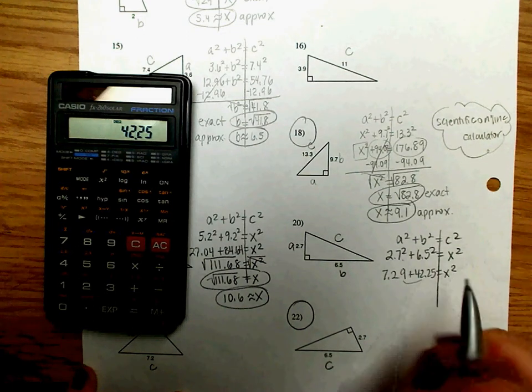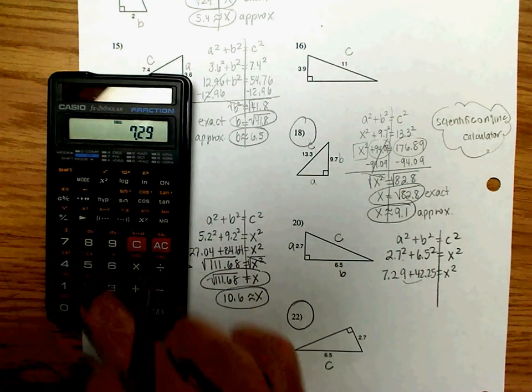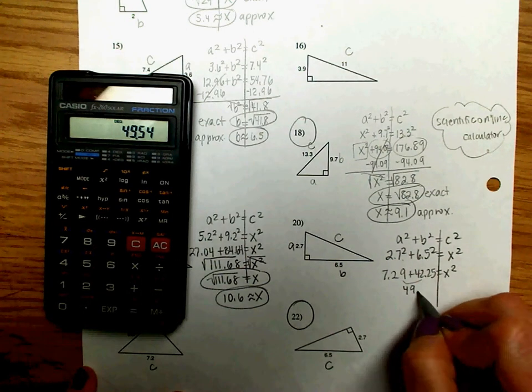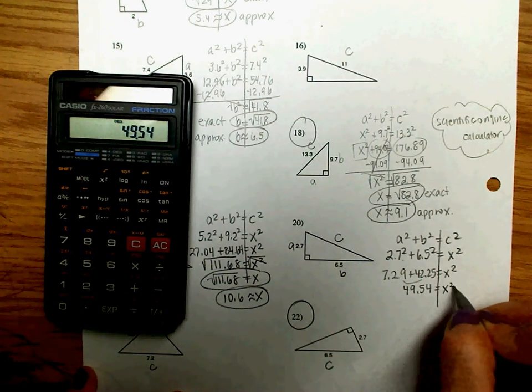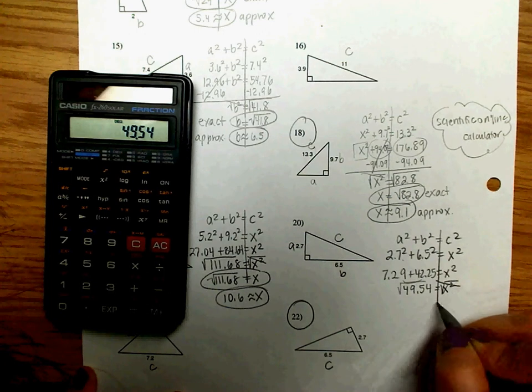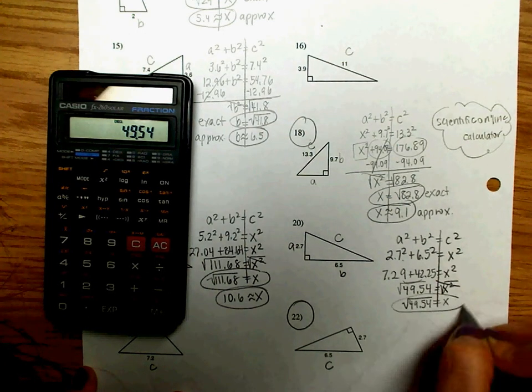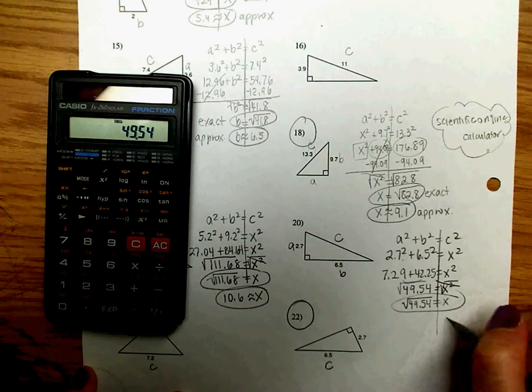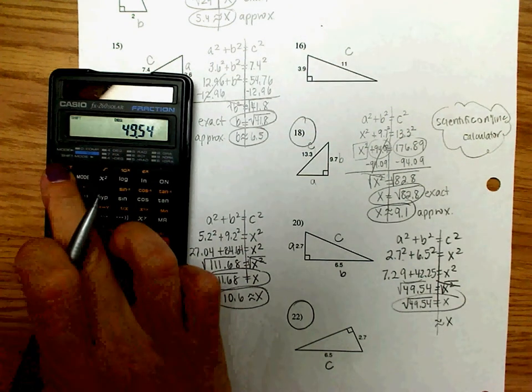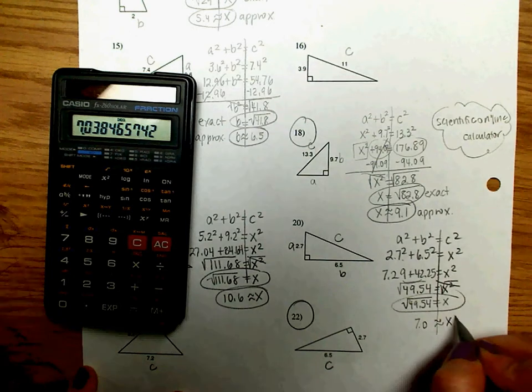Add these together, plus 7.29, because they're on the same side. 49.54 equals x squared, square root. x equals square root of 49.54. That's your exact. And then your approximate, square root that, and you get 7.0. And that's your final answer.